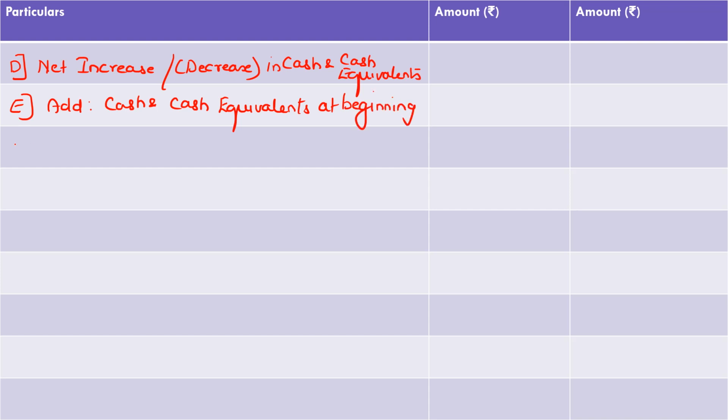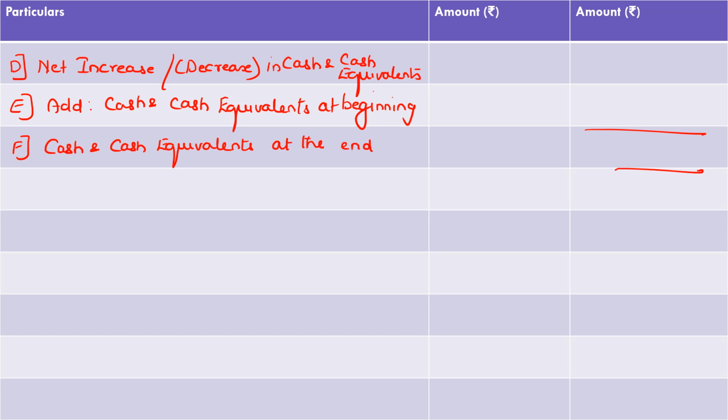And we would arrive at the last one, that is the cash and cash equivalents at the end. So with that, it would be completed. This would be the format of a cash flow statement.